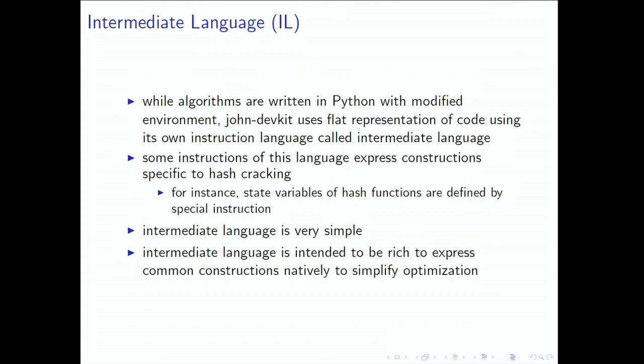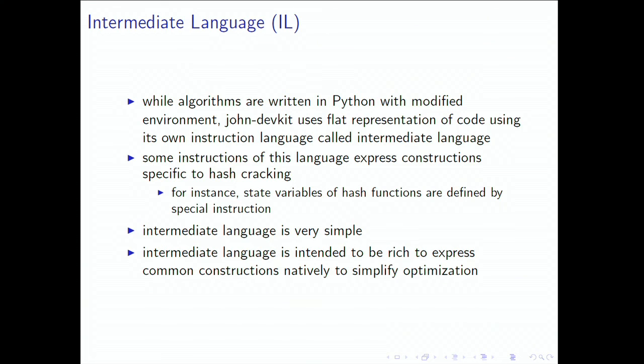This intermediate representation is needed to simplify what you do with the code. Algorithms are described in clean Python, but the representation is very simple, and it's actually a list of instructions.